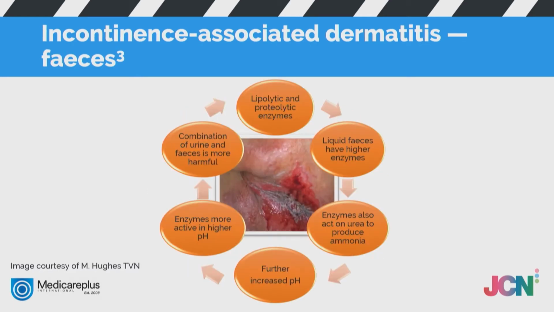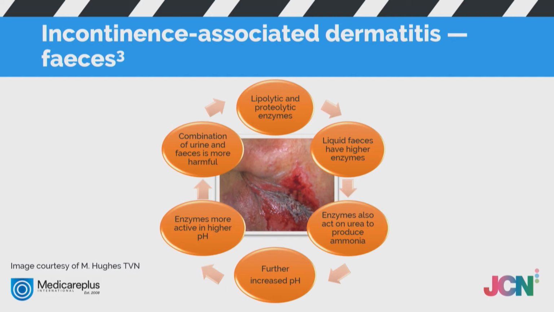With feces, lipolytic and proteolytic enzymes, as well as a high level of bacteria, sit in feces. So solid or liquid, those enzymes and bacteria are there. However, there are a higher number of enzymes in liquid feces. Enzymes act as damaging agents and they act on the urea to produce ammonia, so we start to see an even further increased pH.